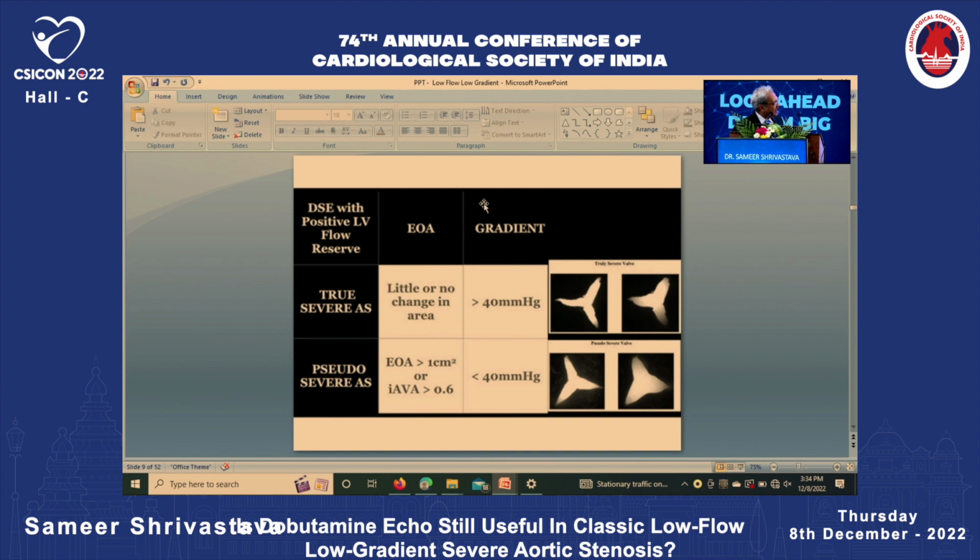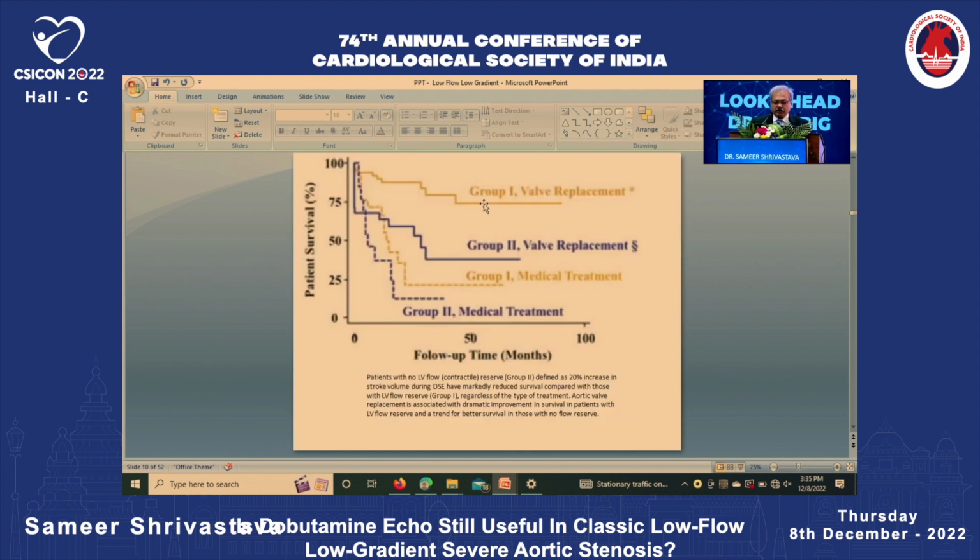If there is little or no change in area with an increase of gradients on low dose dobutamine, you have to document the increase of gradients, and this translates into a true severe aortic stenosis. However, if there is a pseudo severe AS, in fact, paradoxically, the effective orifice area can be higher, and the gradients will come down. So this is how you differentiate, and this is the importance of dobutamine stress echo.